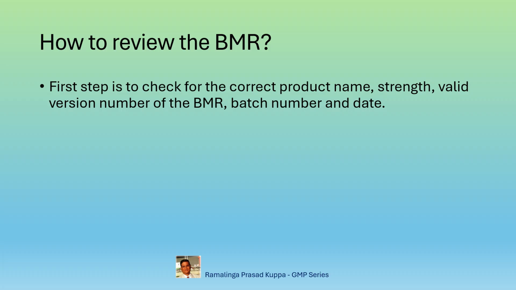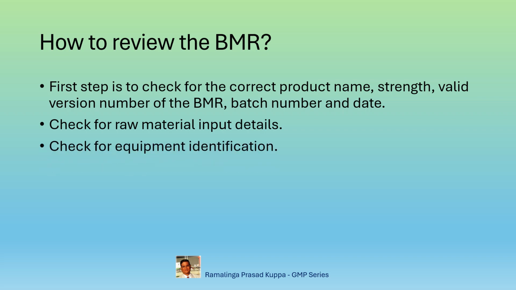It may be necessary to check whether the BMRs requested by the production department are in sequence or not. If not, it may be clarified why there was a gap. Check for raw material input details. All the input materials should be from approved stock.